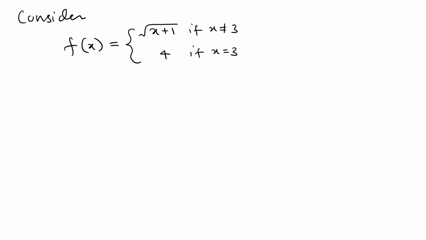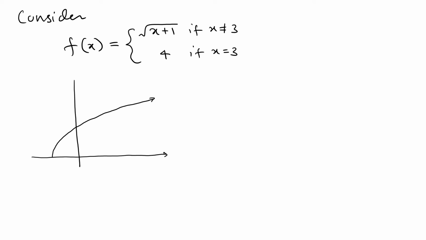So what does the graph look like? The graph is going to look like this. This is shifted to the left by 1, and it's the square root function, so it's going to be like this.